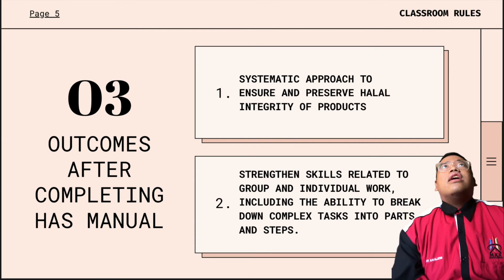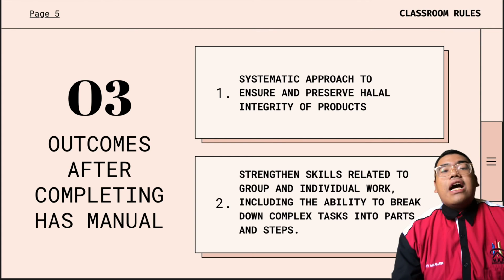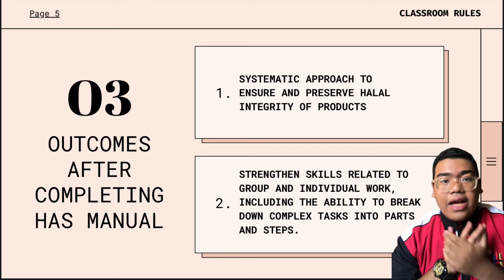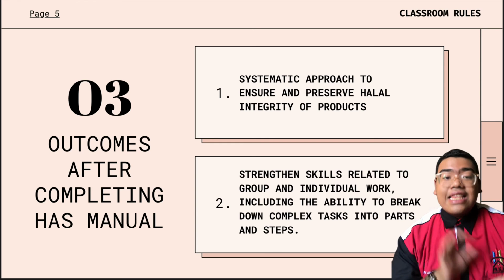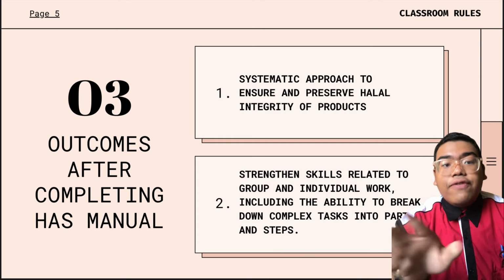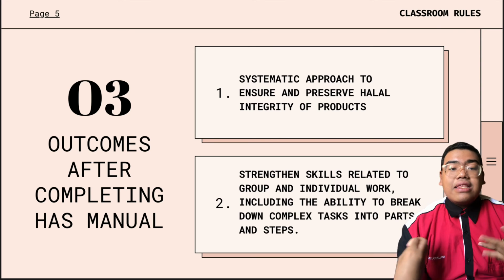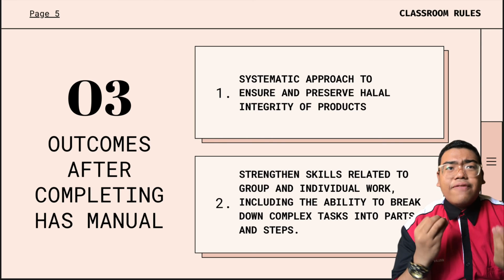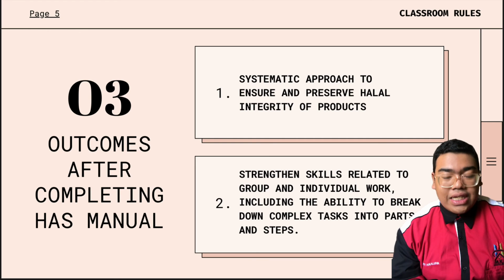What I also got, after my group members and I completed the HAS manual, is to strengthen skills related to group and individual work, including the ability to break down complex tasks into parts and steps, which means we must give great cooperation and communication in completing the HAS manual.